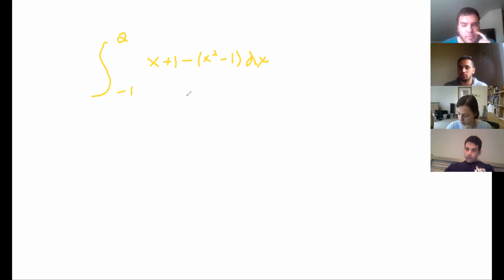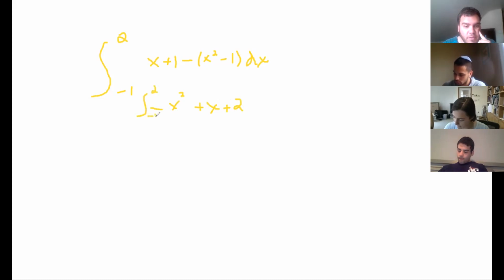So then we could just simplify this. So we're going to have negative x squared plus x plus 2, from 2 to -1 dx. Okay, so if we were just finding the area, we would just integrate this and solve it.